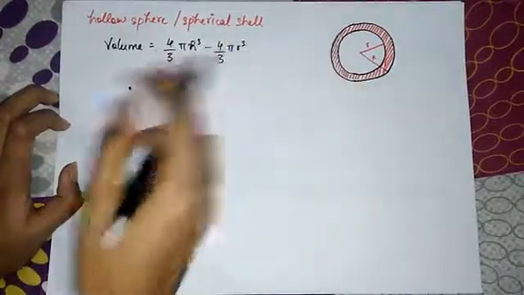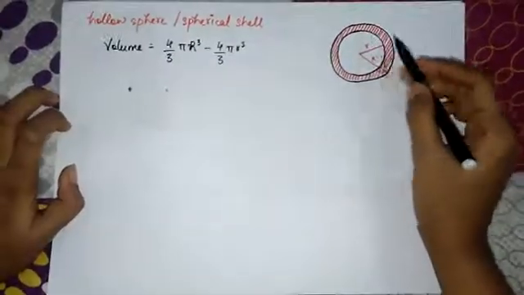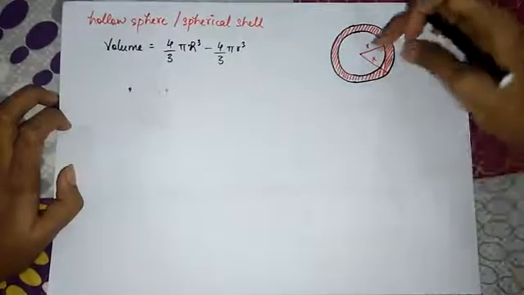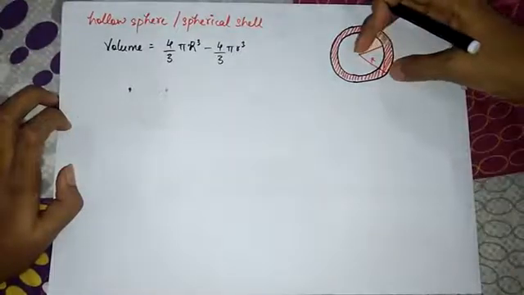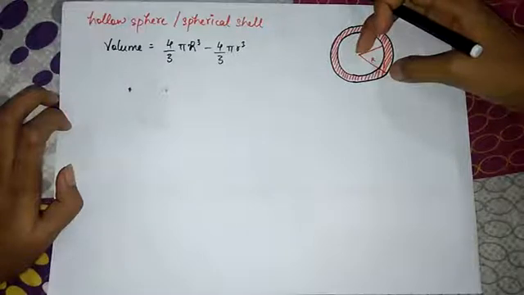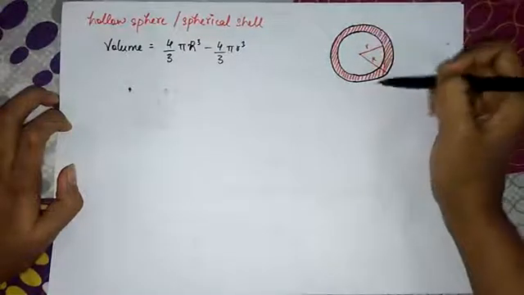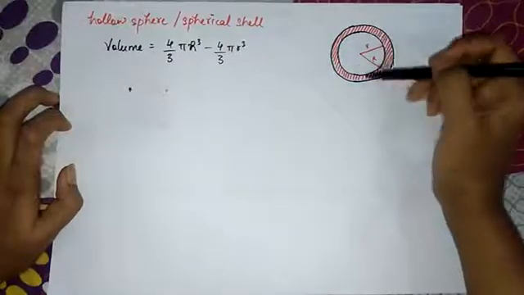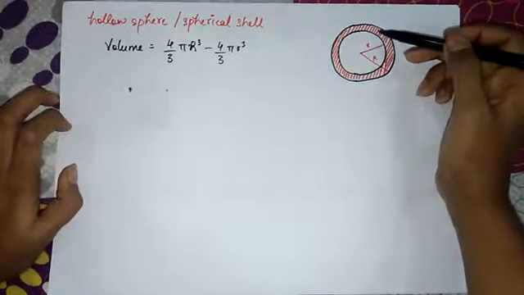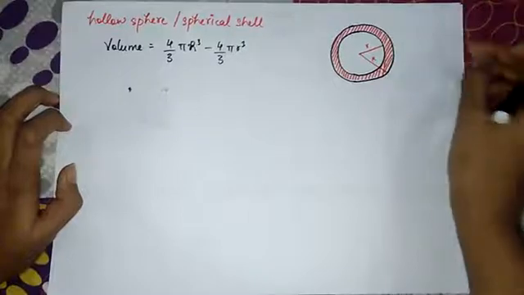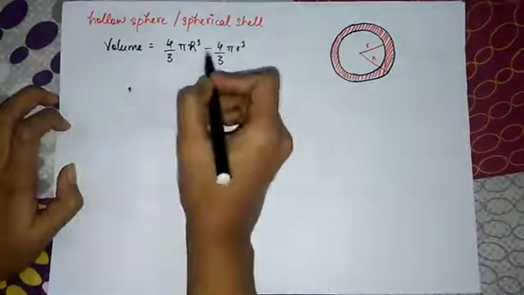What is this? Why are these two? How we'll find out this volume? From the volume of this part, we'll subtract the volume of this inner part. So from the bigger circle, we'll subtract the smaller circle. We'll get the volume of this part, right? So this is the way.